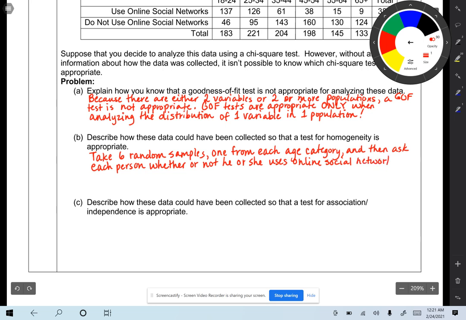Because age can be the explanatory variable, and the response is using or not using social networks.